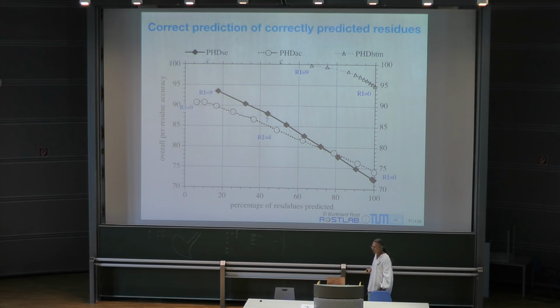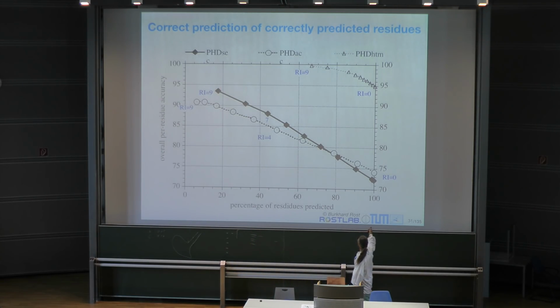And the graph that I want to draw your attention to really is the black one here. That's the percentage of residues predicted, there's a typo here, and that's the performance here. So let's begin at this point. When I predict for every single residue, so I force a decision, in the case that I showed you before, the H was 0.6, 0.5, the E was 0.4, and I still force a prediction.